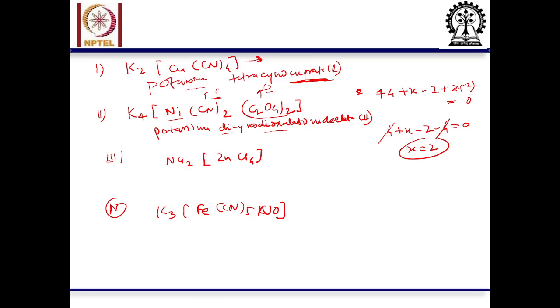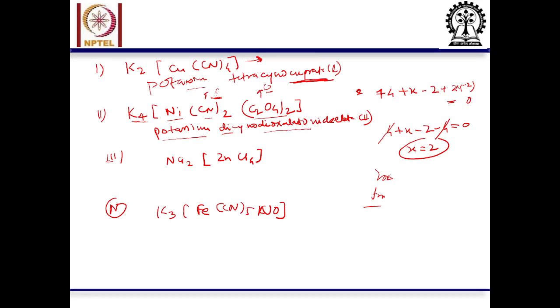Whatever the rule is, first we write the cation, then the ligands. Ligands we write in alphabetical order. So cyano is C, oxalato is O. First we write cyano, and because this doesn't contain di or tri in the ligand name, we will not use bis, tris, tetrakis, pentakis, all those things. We will simply write di.